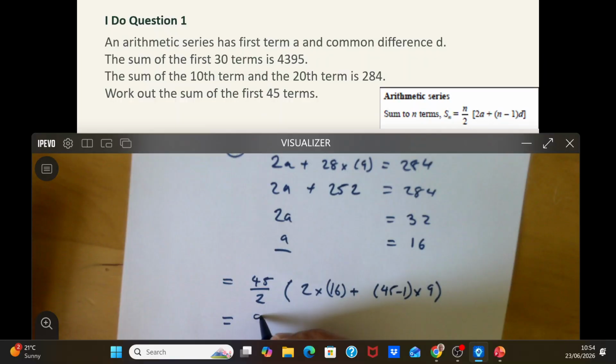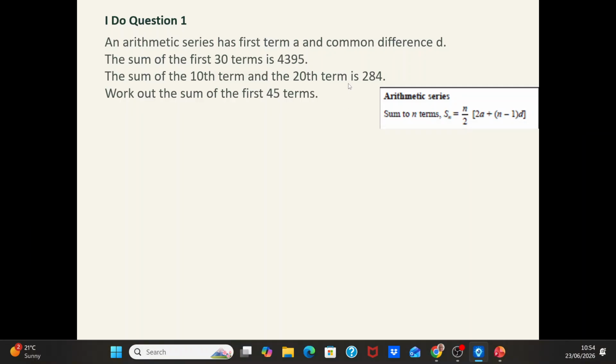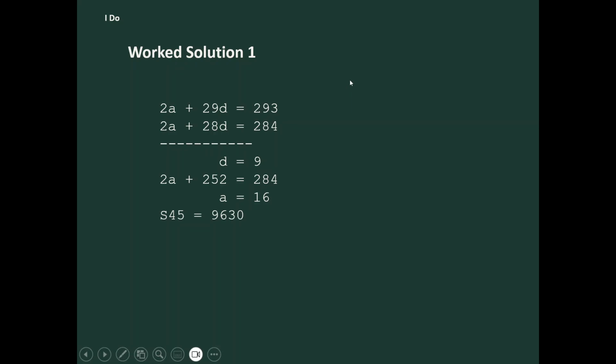Gives me 9630. Right, now let's just check, have I got that right? Yes, the sum of the first 45 terms is there. That's my help for you for worked solutions.